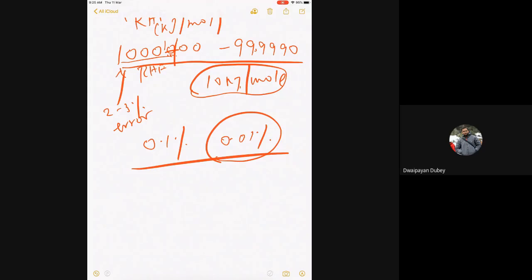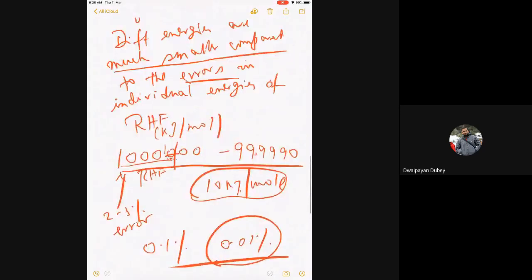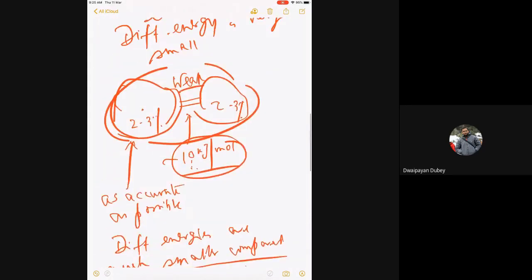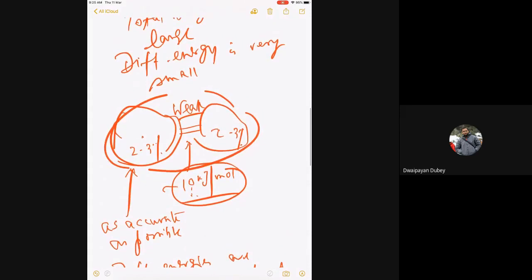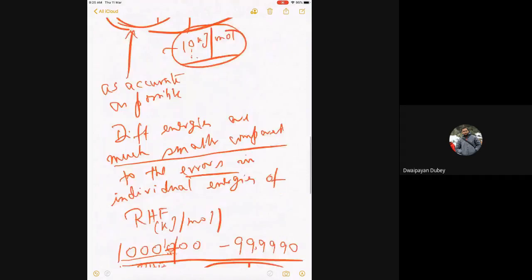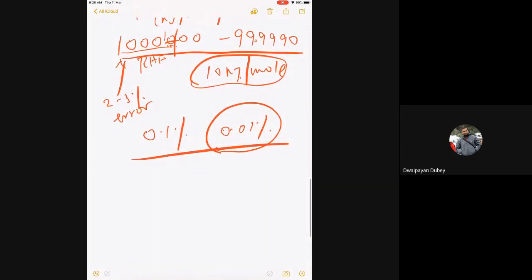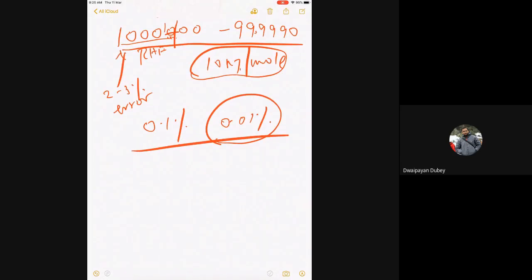That is the reason the chemist cannot believe in Hartree-Fock. So today, if you do any calculation with restricted Hartree-Fock, you cannot publish. So having learned all this, you cannot publish. But then if you do not learn restricted Hartree-Fock or Hartree-Fock, you cannot learn other quantum chemistry theories. So it is very, very important to learn. And that is the problem.